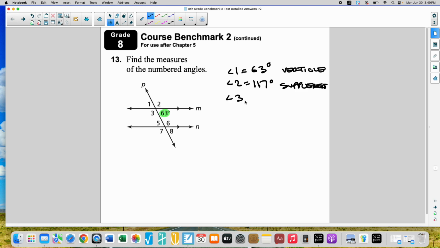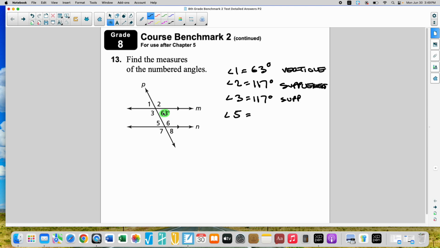Angle 3 is equal to 117 also, because it is supplementary to 63. It is also vertical to 2, so those are equal. Now we'll call this angle 4. Angle 5, we can call that supplementary to angle 4.